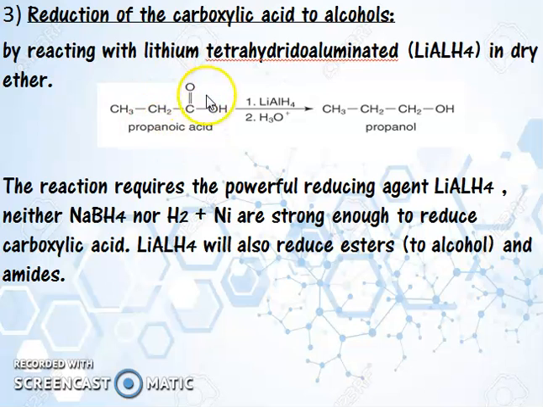So this propanoic acid is reduced to propanol. Similarly, this reducing agent also reduces esters to alcohols, and amides. So these were the reduction of carboxylic acid to alcohol. We saw the preparation, reaction, reduction.